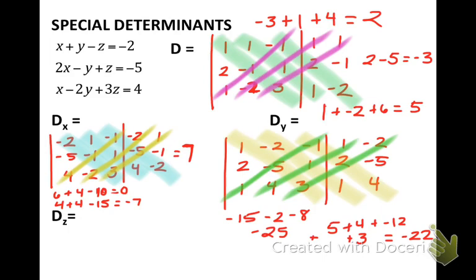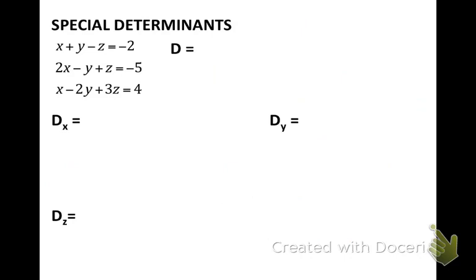All right, let me write these off to the side here because I'm going to erase this. So our D ended up being negative 3, our D of x ended up being 7, and our D of y is negative 22. All right, so D sub z. I'll do my D sub z up here at the top.